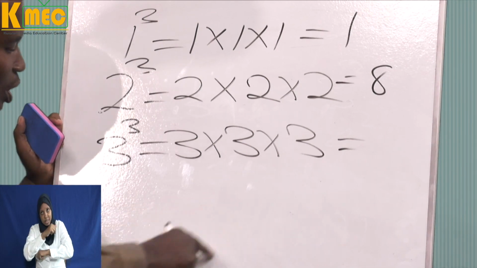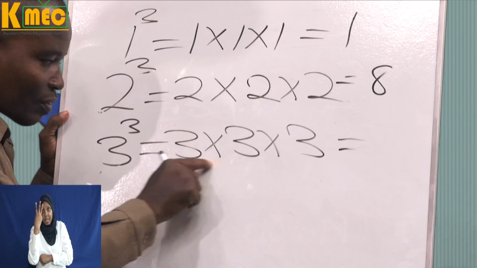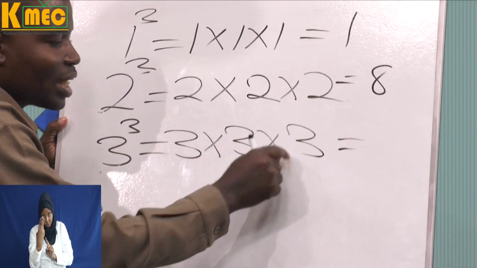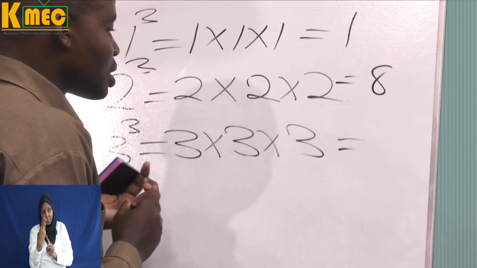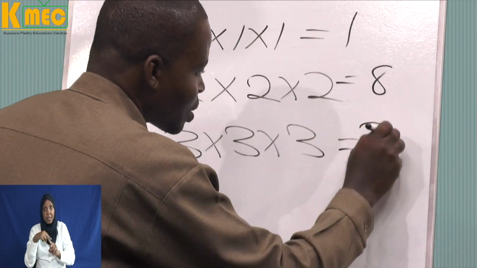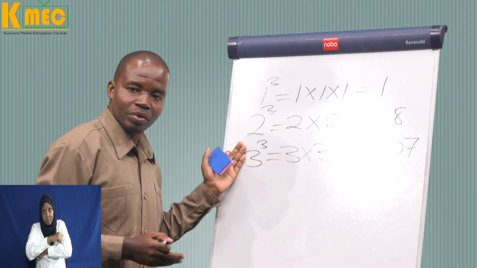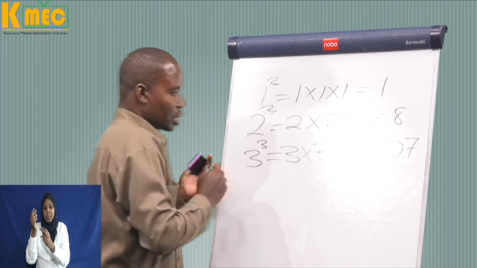That is cube. So 3 times 3, the result for this part is 9. So 9 times 3 is what? It is 27. Very good. So 3 cube is equal to 27.